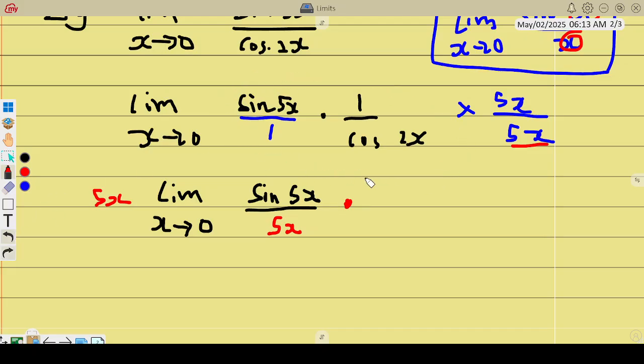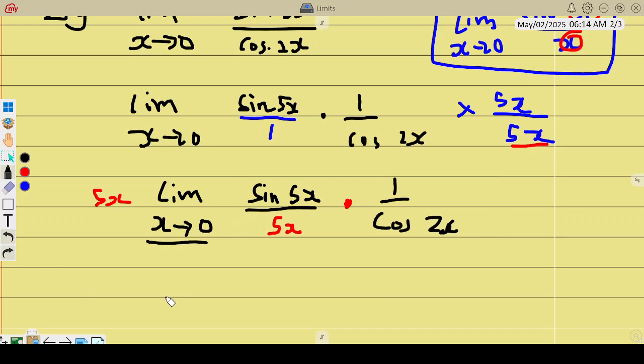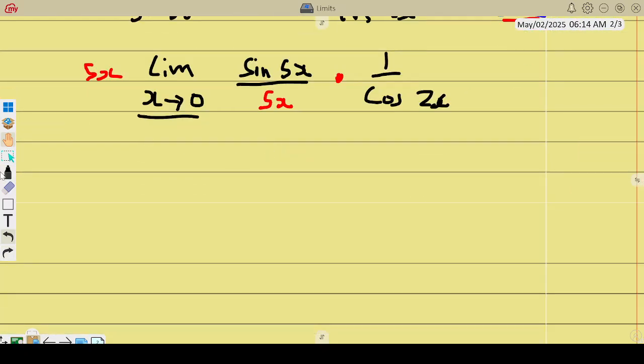So we get times 1 over cos 2x. At this point we'll first distribute this limit. Remember, it is for both of these. We're going to write the limit twice so that when we simplify we do not have problems.